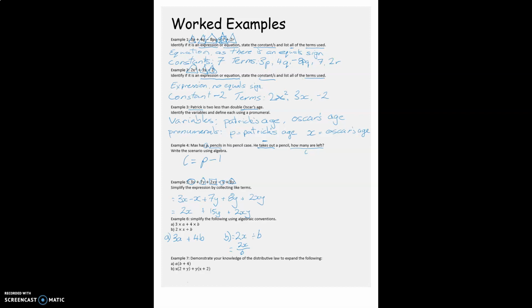Example 7, demonstrate your knowledge of the distributive law to expand the following. In this particular example, we need to remember that our distributive law allows the number outside the bracket, or the letter outside the bracket, to be multiplied by each term inside the bracket.